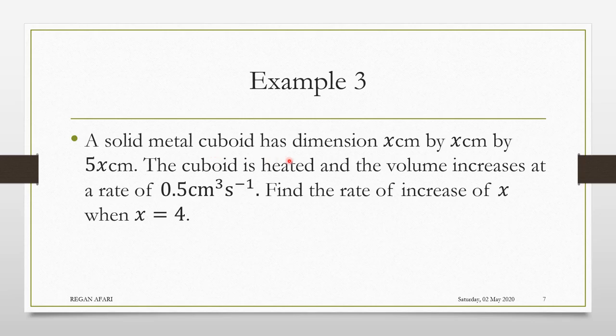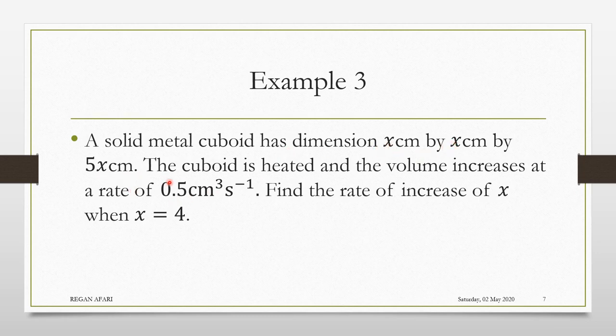Okay, so it has dimensions x by x by 5x. So since this is a solid, we should be able to find the volume easily. All right. So that'll be this times that times this. That'll give us 5x cubed.